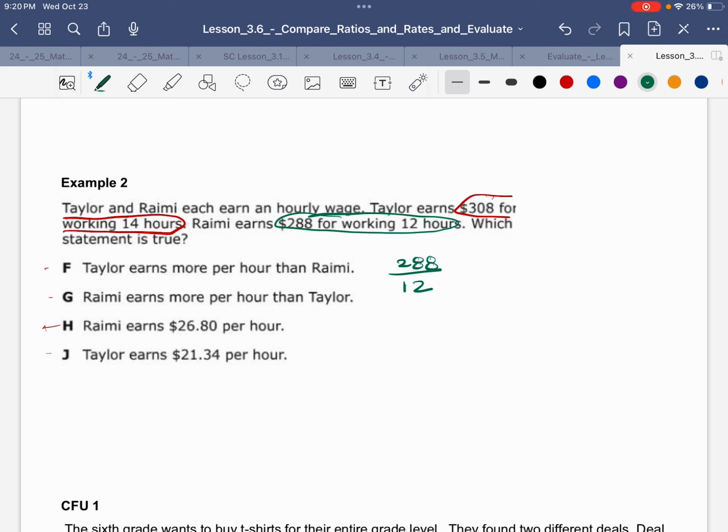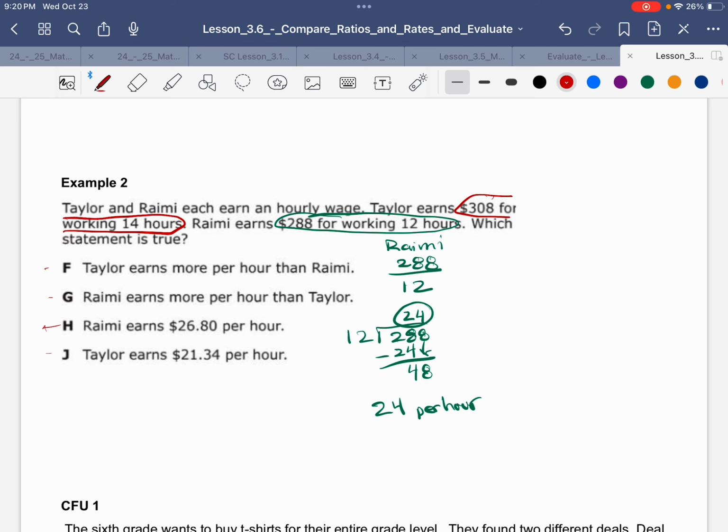And remember, this is Romney. So 288 divided by 12. I can't do anything with the 2, but 28, I can make 2 groups. And give me 24. 4, bring 8 down. Now I can make 4 groups. So Romney is 24 per hour.